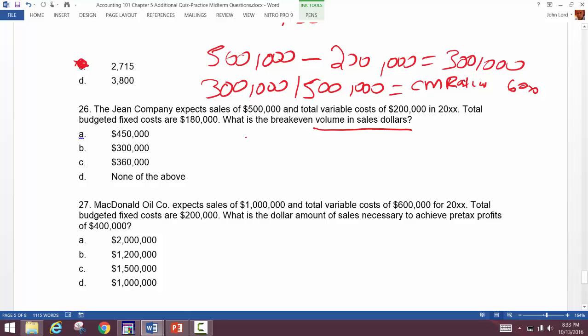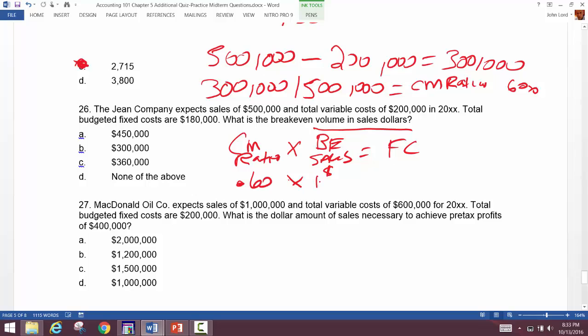So now I take that contribution margin ratio times my break-even sales dollars. Got to equal fixed costs, right? Okay, what's my contribution margin ratio? 0.6.